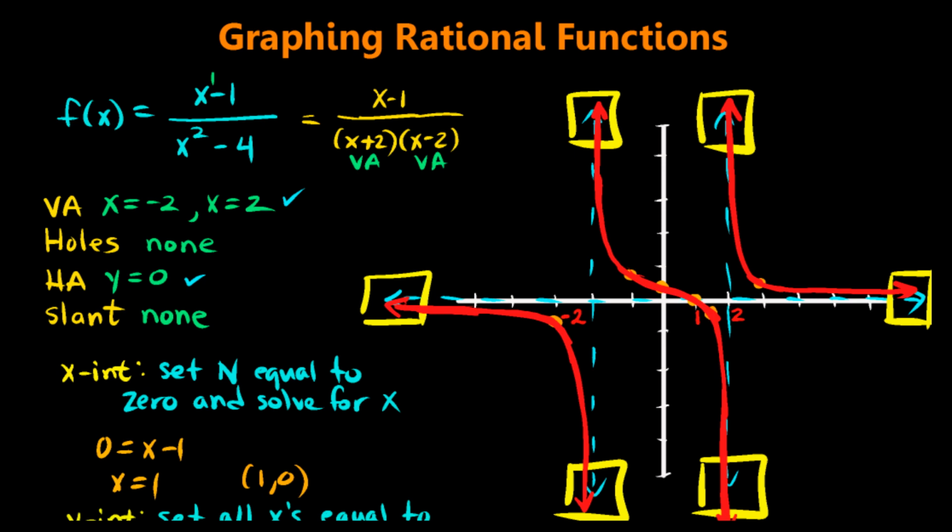Then, using the simplified version of the function, in other words, if you did have an x minus 2 in the numerator and denominator, you would just cancel them, you find the x and y intercepts, if there are any. After you find the x and y intercepts, you plot those on the graph.